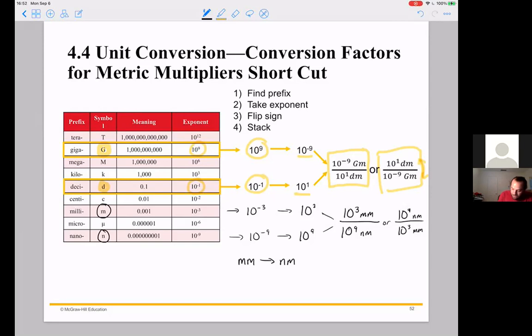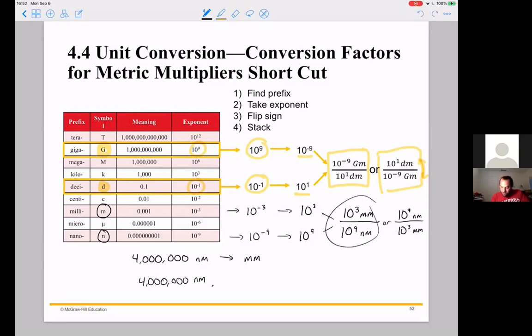So if we want to do an actual problem here, let's say I have 4 million nanometers, and I want to convert that to millimeters. I would take my 4 million nanometers and multiply it by one of these two conversion factors.